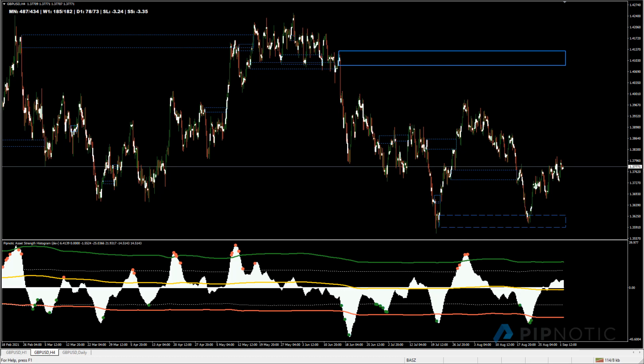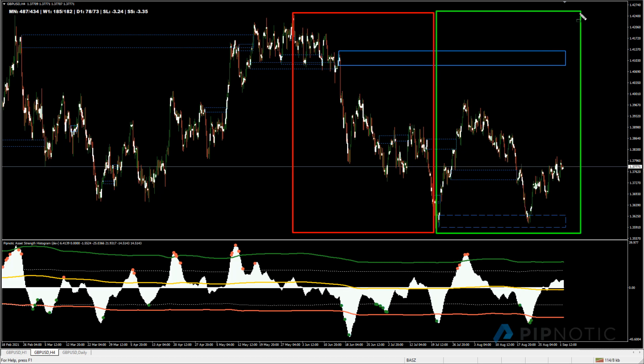We are selling because the daily chart showed us this, so you go from the high to the low. Then we have the buy side, should we feel inclined to buy, which goes from here to here. This is showing us where we have real supply and demand.